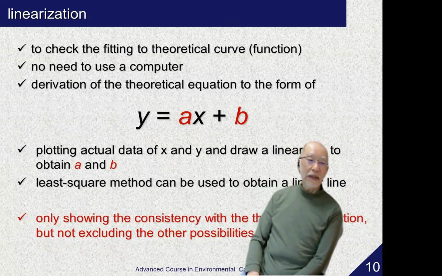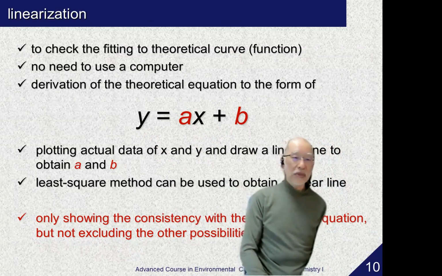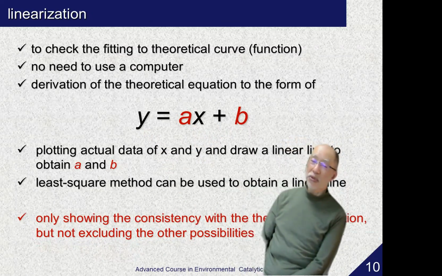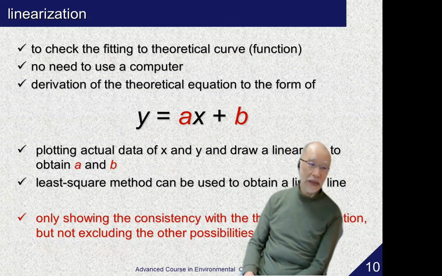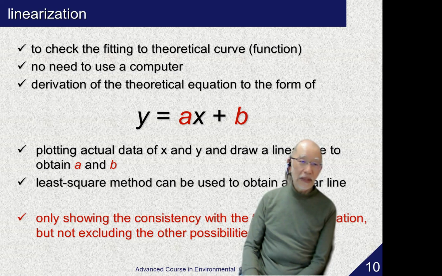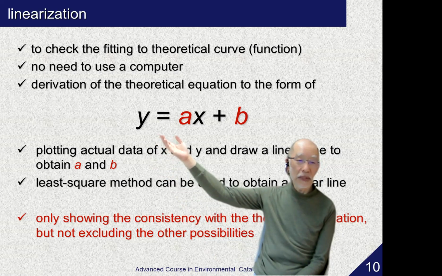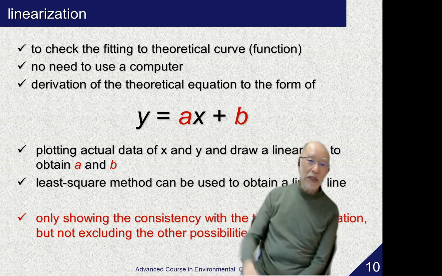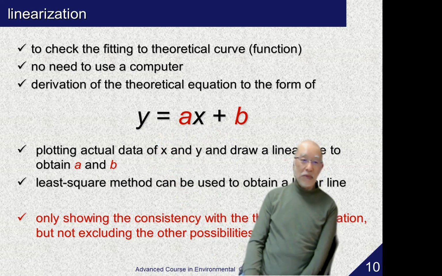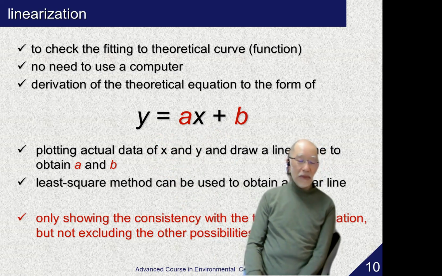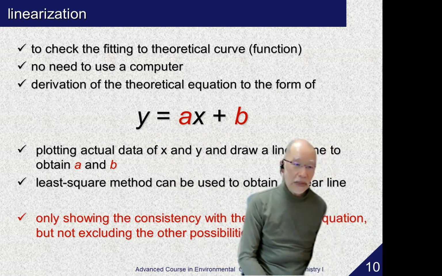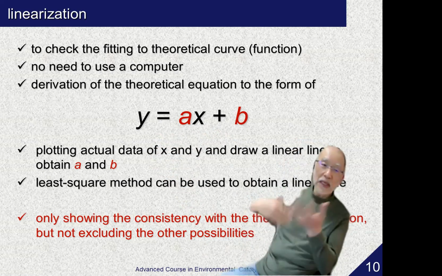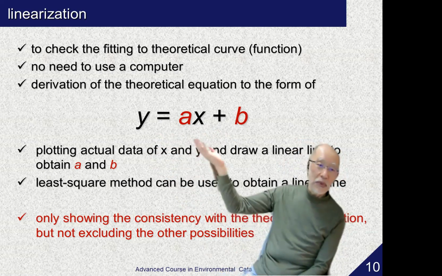In Japanese, a is katamuki, slope, and b is y-seppen, y-intercept. So we plot x and y, where y is the reaction rate or something, and x is some parameter, for example the concentration, which does not directly give such a linear equation. So therefore, it is necessary to derive the equation into this type of form.